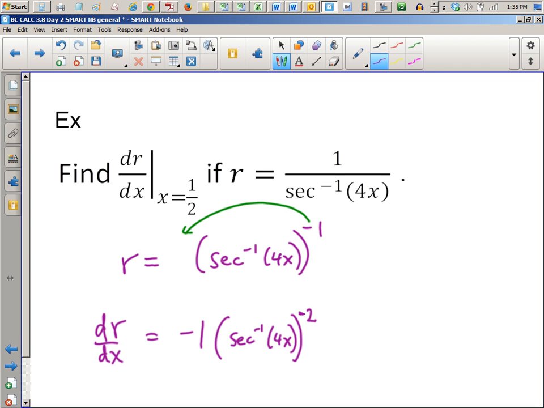Now let's look on the inside. What are we looking at? We are looking at an arc secant problem. Arc secant has an ugly structure. The derivative structure for that thing is 1 over absolute value of something, square root of that something squared minus 1. Awful. But that's what it is. And it's not x, it's 4x. So let's put that in.